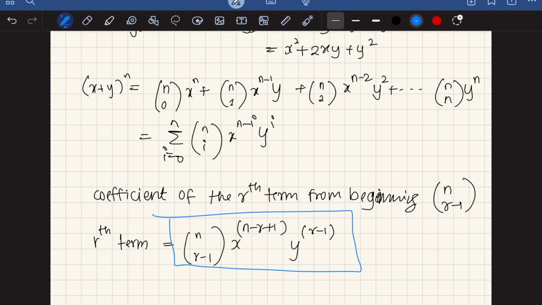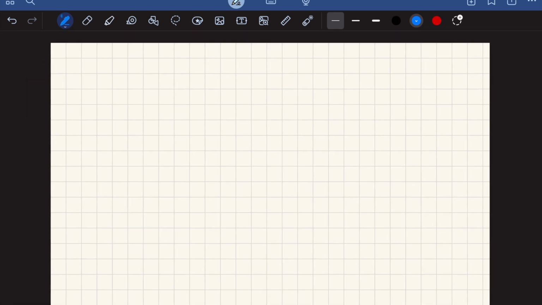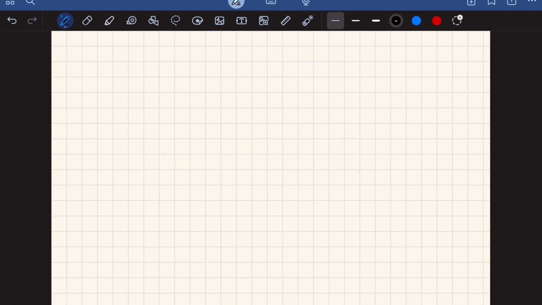Okay, so for us n is 9 and r is 4. So our term is n choose r minus 1. I hope this is clear, that this is what x is, and this is what y is.